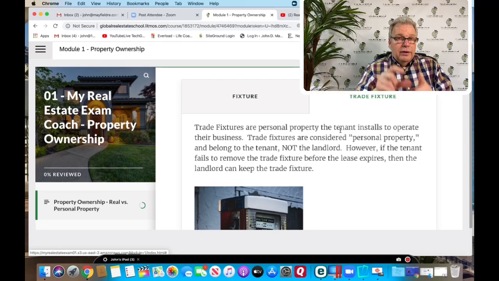Now, you have to remove the trade fixture before the lease expires. Otherwise, the landlord can keep the trade fixture.